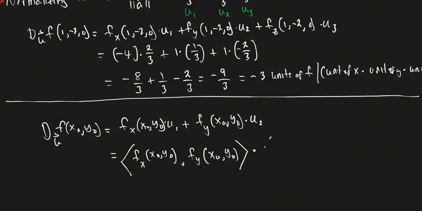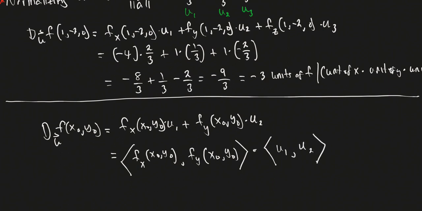Because we just love vectors, I would write down the unit vector as a true vector, put it in angled brackets, and say u1 goes there, u2 goes there.